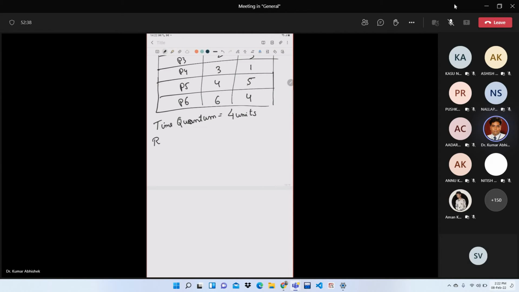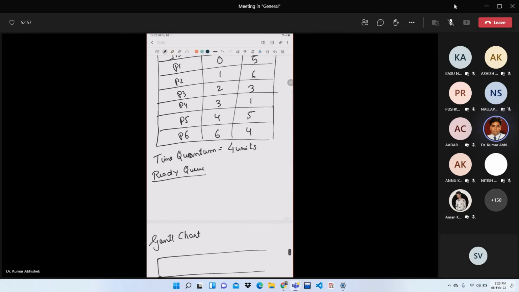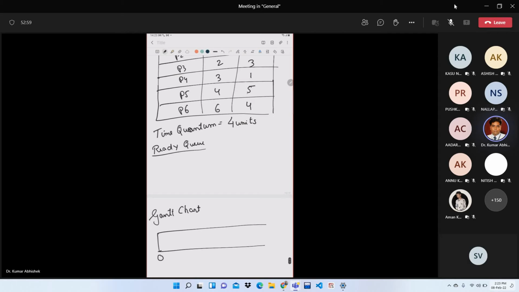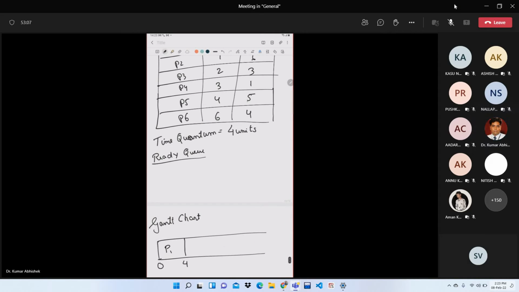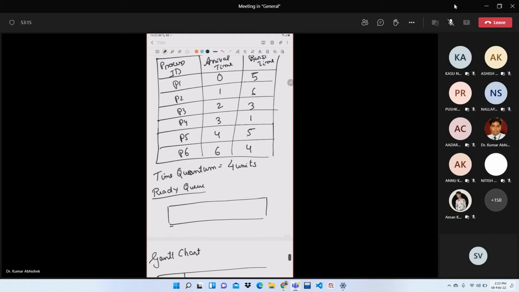So here we will draw a ready queue, and here we'll have our Gantt chart. So at time 0, what we have? We have P1. P1 will execute till time 4. At time 4, what happens? What do we have in the ready queue?